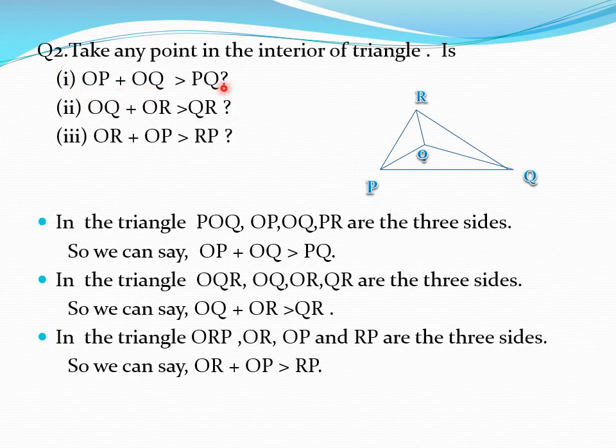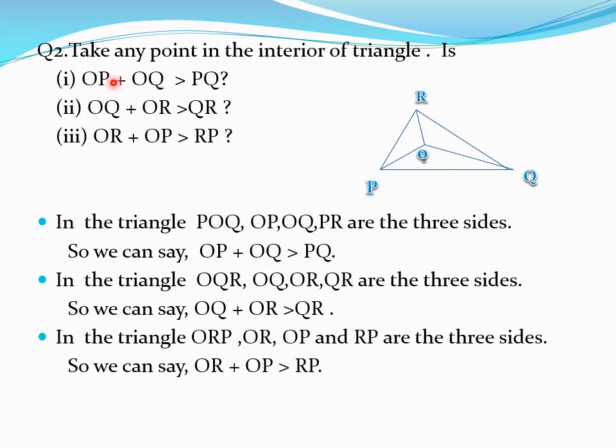Sum of two sides is given on the left side and the third side is taken on the right side. So we have already learned the property of the sides that the sum of the two sides of a triangle is always greater than the third side.